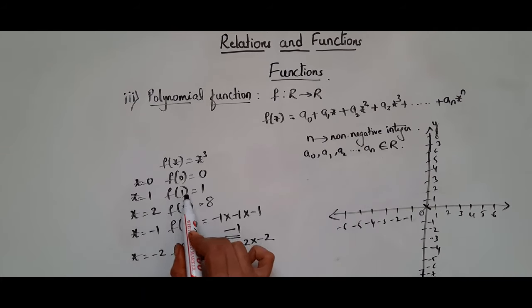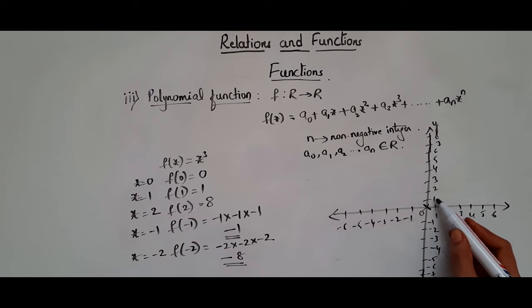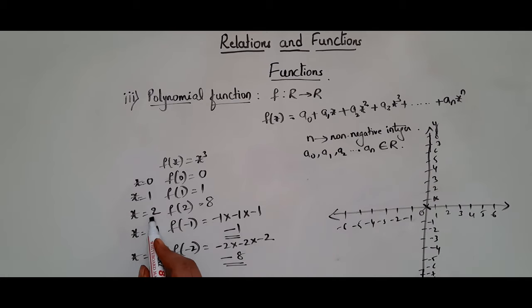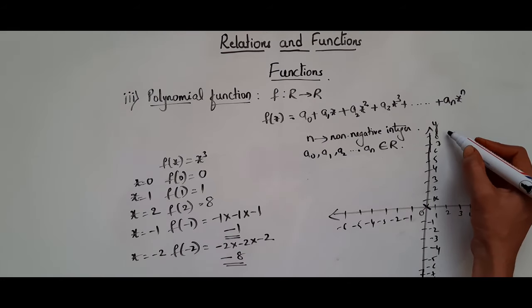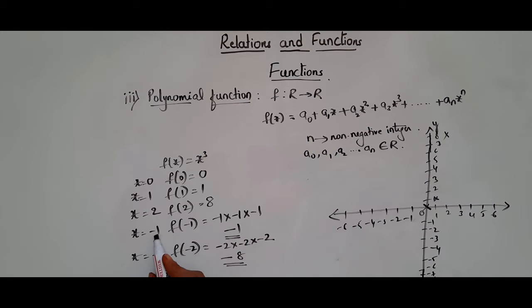When x is equal to 1, f of 1 is 1. So 1 and 1, this point. When x is equal to 2, f of 2 is 8. So when x is 2 and y is 8, this point. When x is equal to minus 1, f of minus 1 is minus 1. So minus 1 comma minus 1, this point.